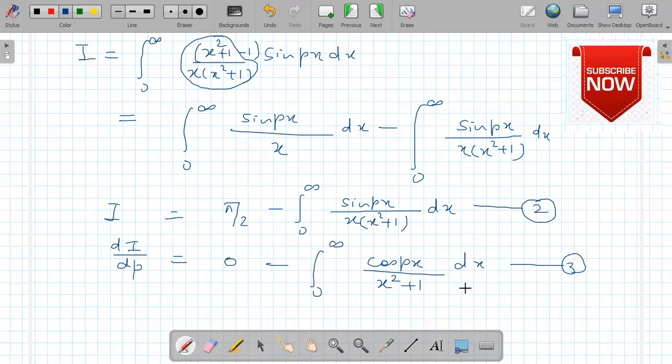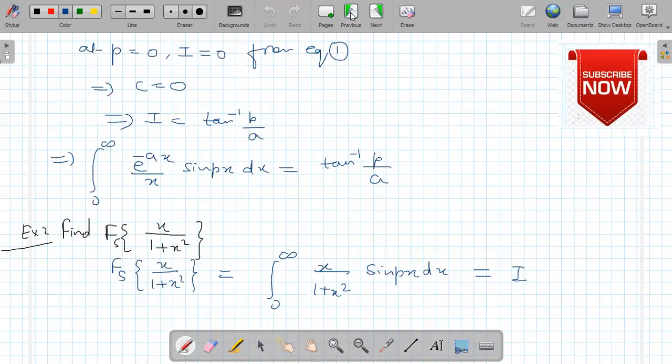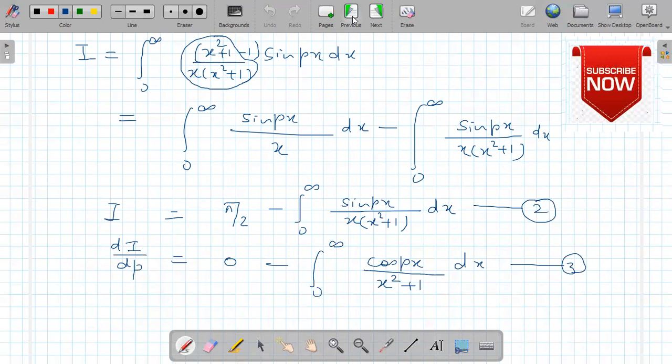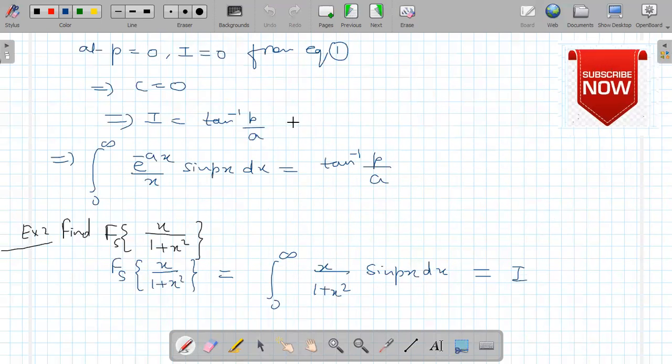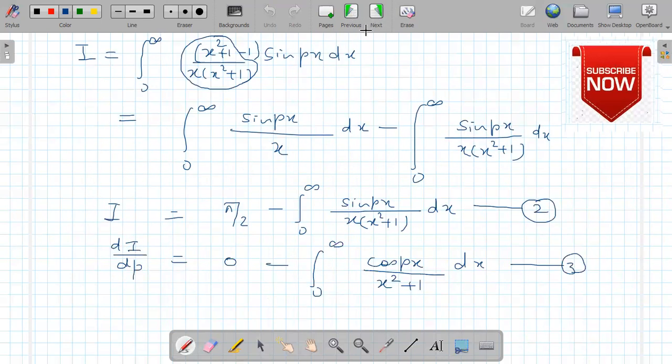Now we differentiate it again because I want this expression, or when you differentiate, you will have x sine px dx type of expression.